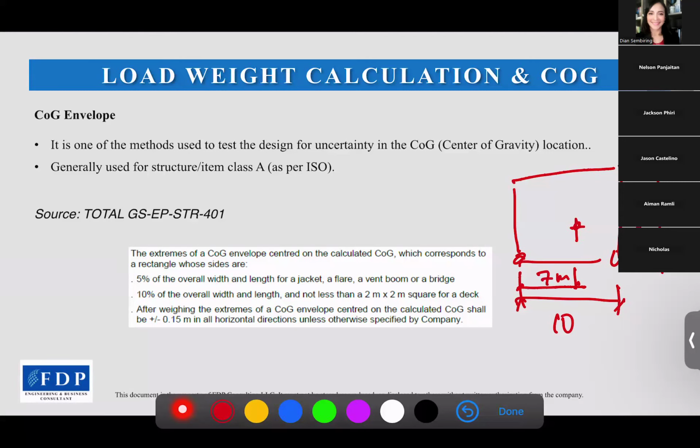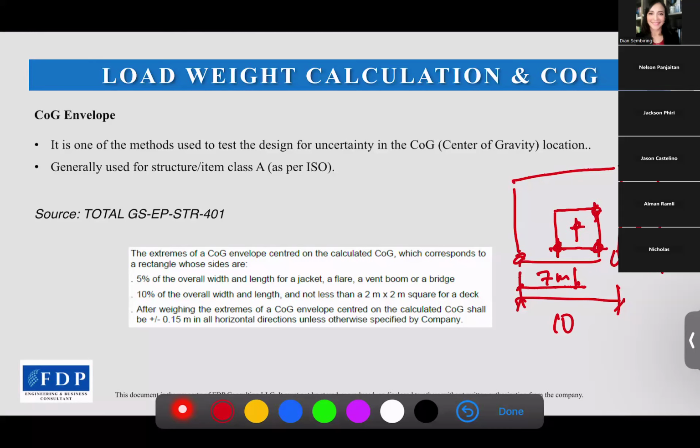How to apply the COG envelope on this platform? So for the COG envelope, we put the original COG in the box like this, and we put the new COG at the corner of the box here.